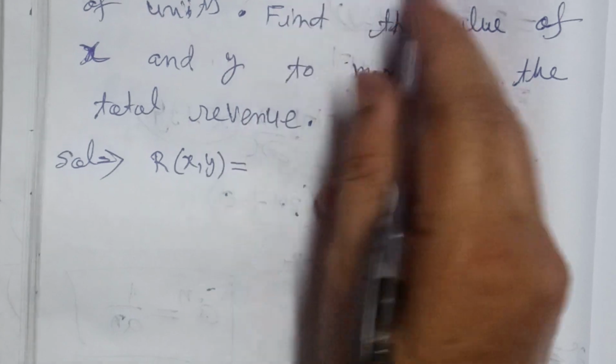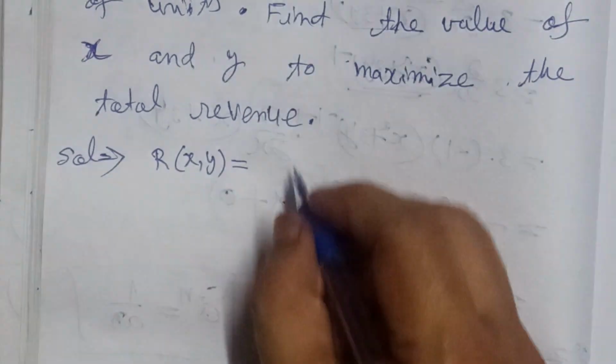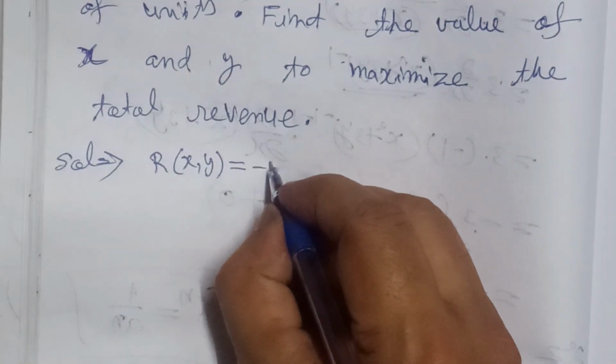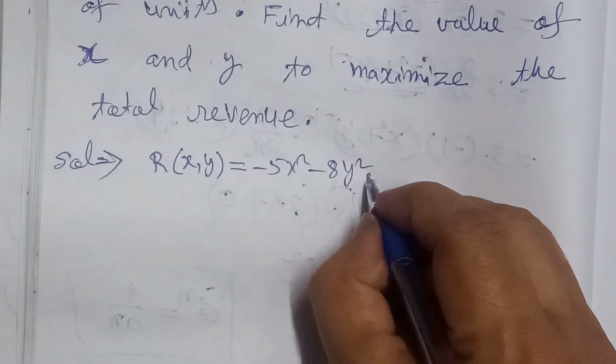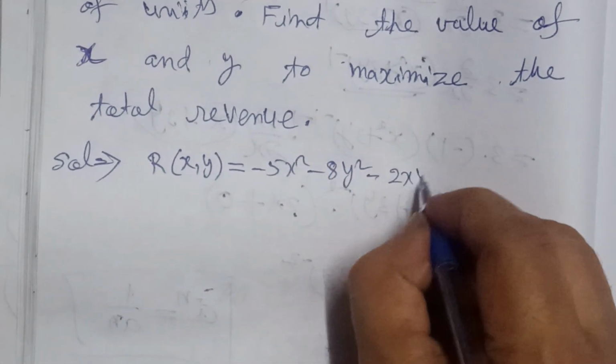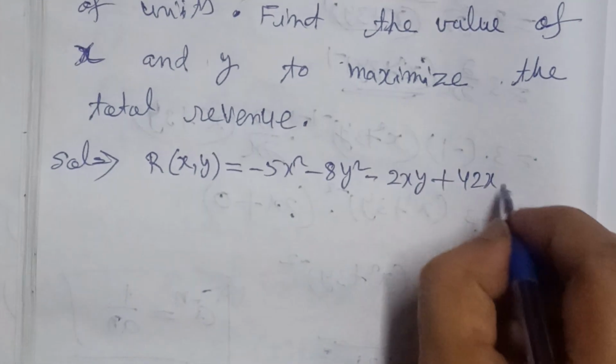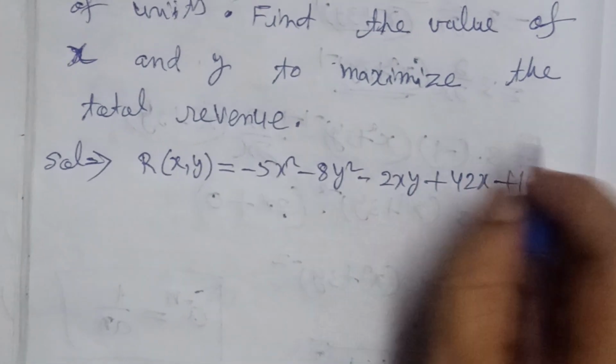We are given R equal to minus 5x square minus 8y square minus 2xy plus 42x plus 102y.